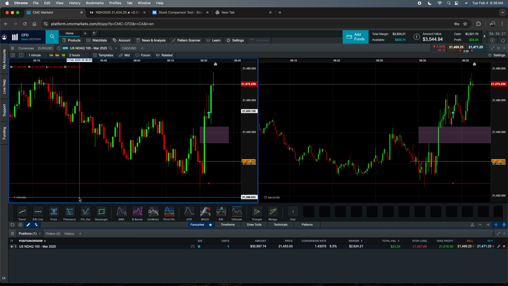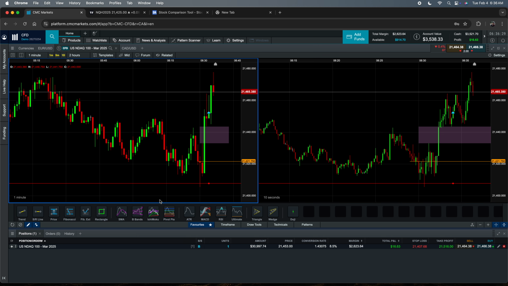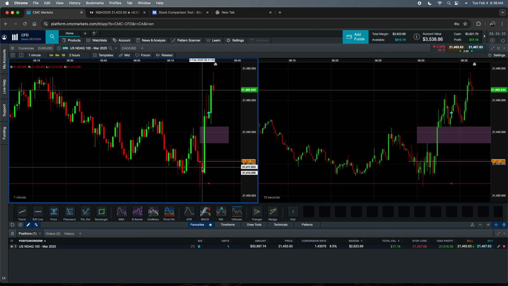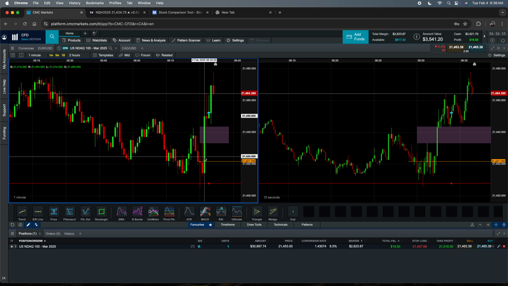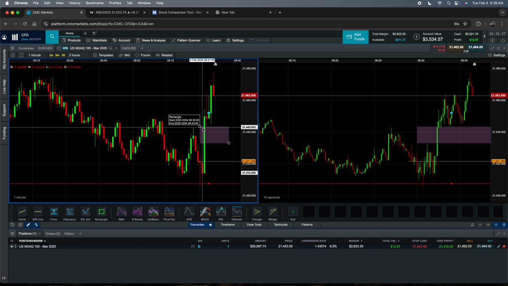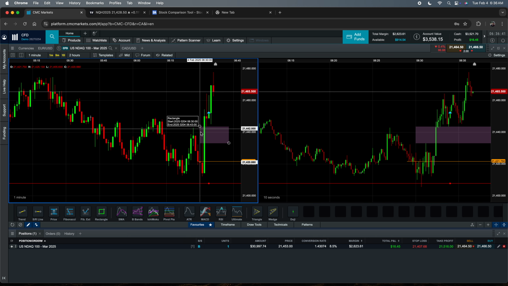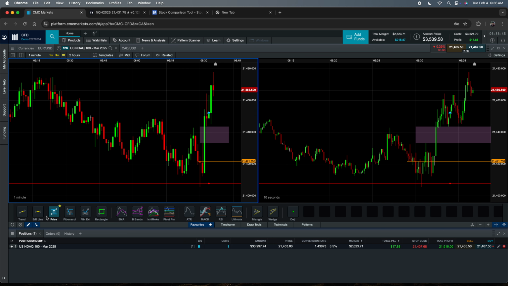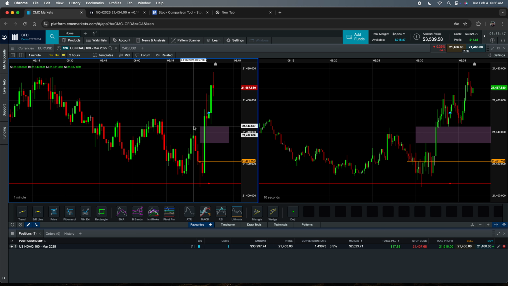If you guys didn't know what a fair value gap is, it's a 3 candle pattern where the outer candles that sandwich the middle one, the high of the first one and the low of the second one do not touch, creating a gap.